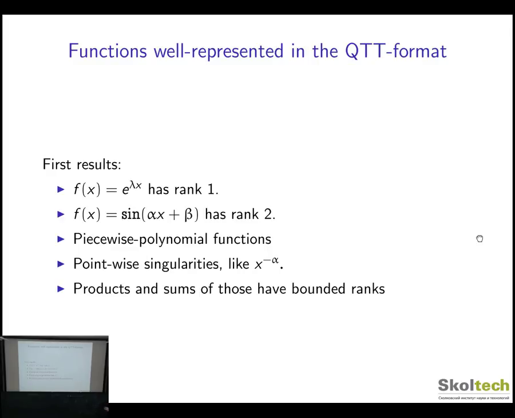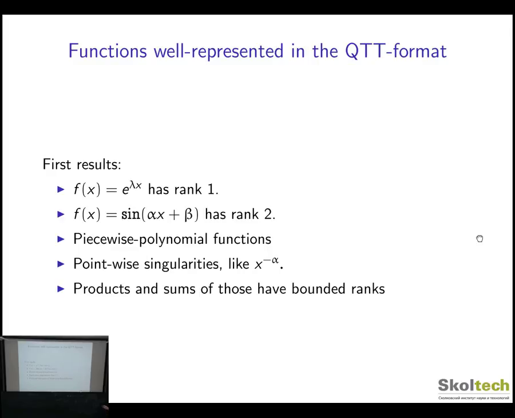The second example is more important for the multiscale case: any oscillatory function with uniform oscillation. We need to adjust our grid to the oscillation. If you have a function like this, that's a bad example. But if you have a uniform oscillation, it has rank 2. You can write this, for example, in complex numbers as a sum of 2 complex exponents, and each has rank 1.